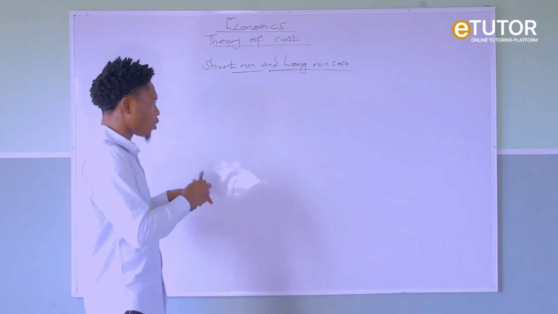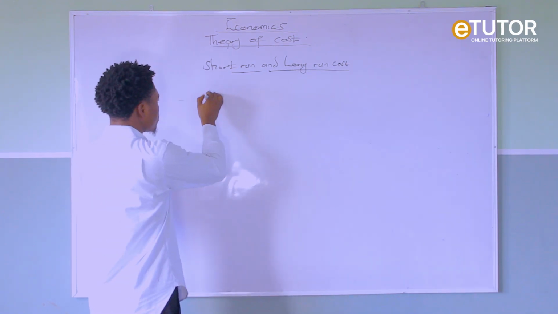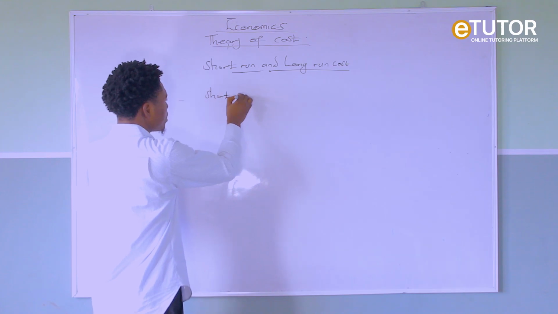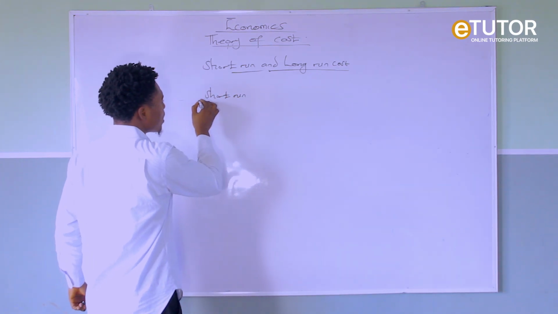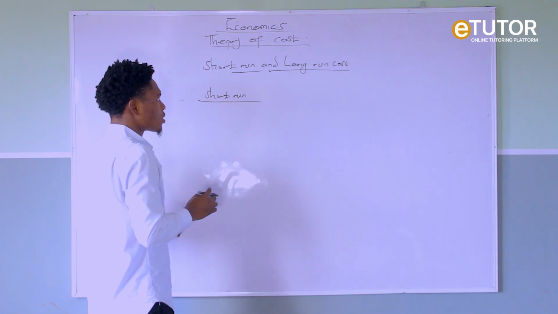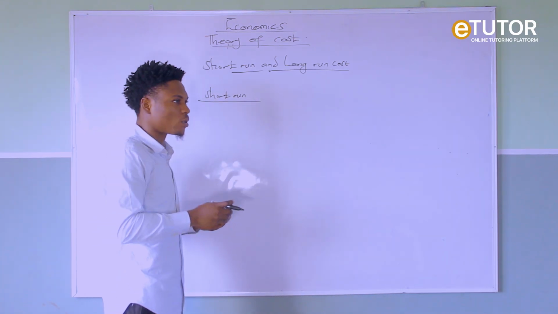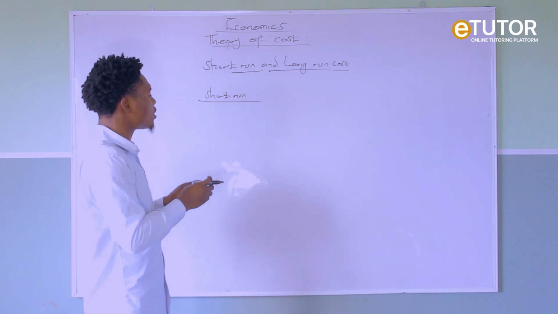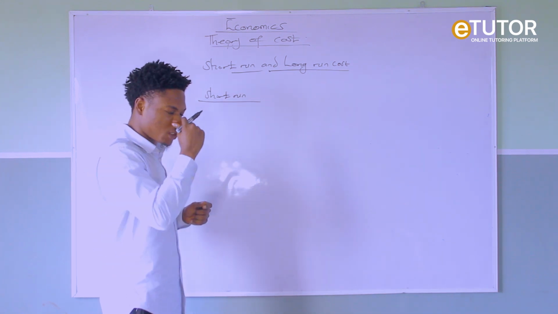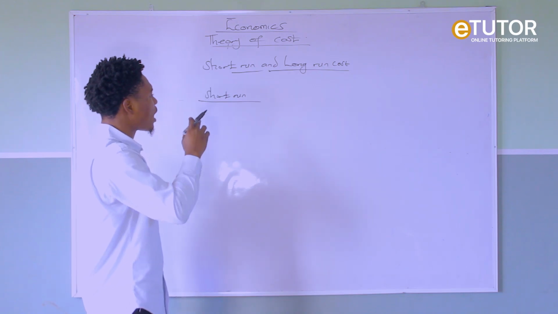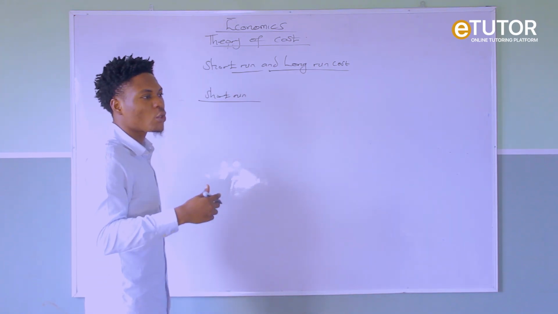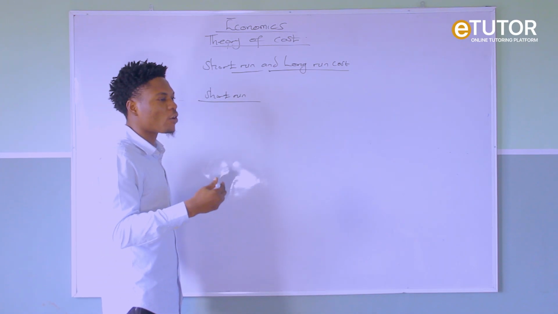So in the short run, in theory of course, we have short run in market structure. But the short run here is different from the one in market structure. Now, this one has to do with variability of input.